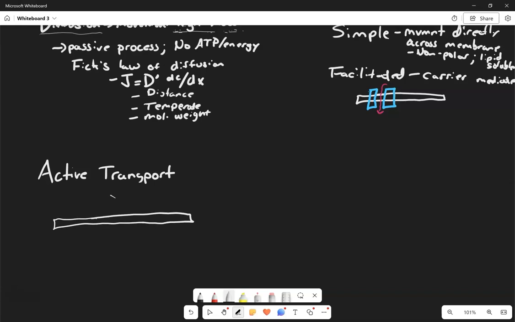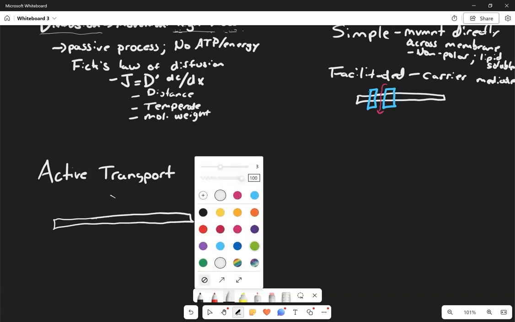So if we look, let's draw our membrane here. These are going to require some sort of protein involvement. Okay, and so let's just make a carrier protein here where it's closed here. And then I'm going to draw this one like this.